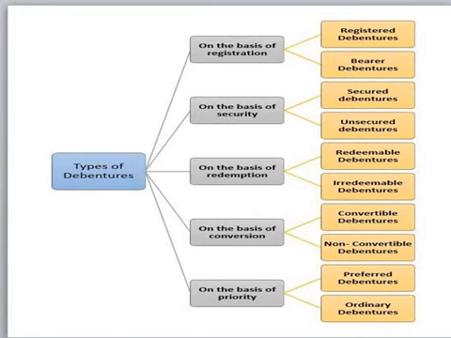Next is irredeemable debentures. Irredeemable debentures are also called perpetual debentures, because if the company makes no attempt to repay the money borrowed by circulating such debentures, then those debentures are called irredeemable debentures. These debentures are not repaid.